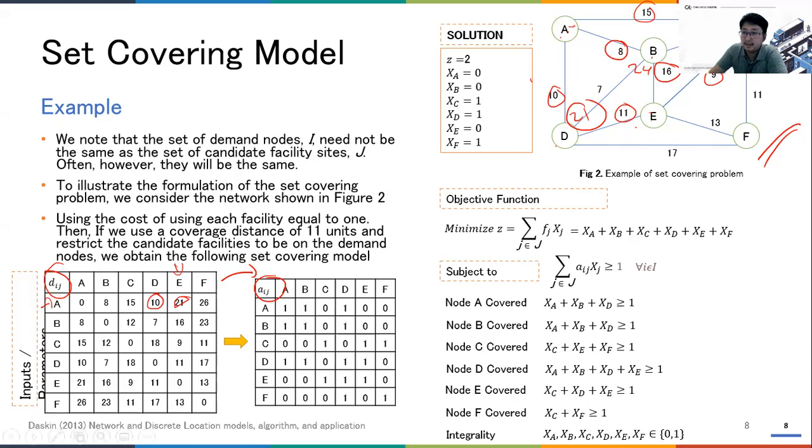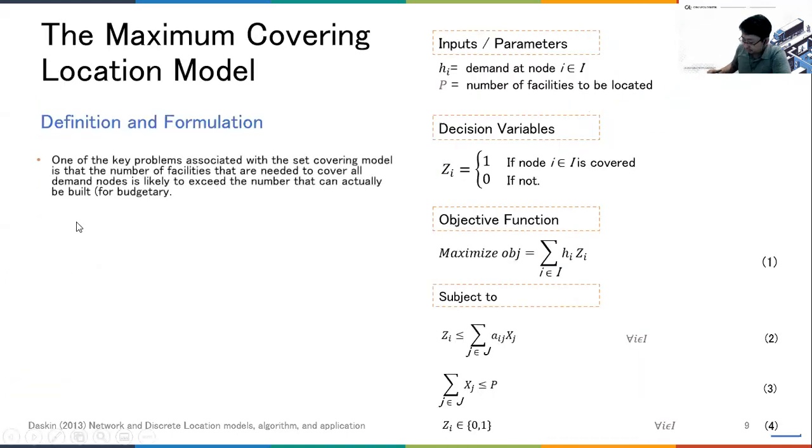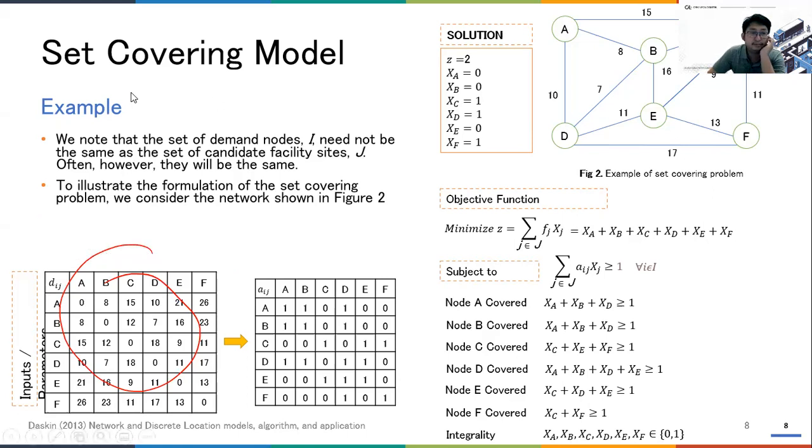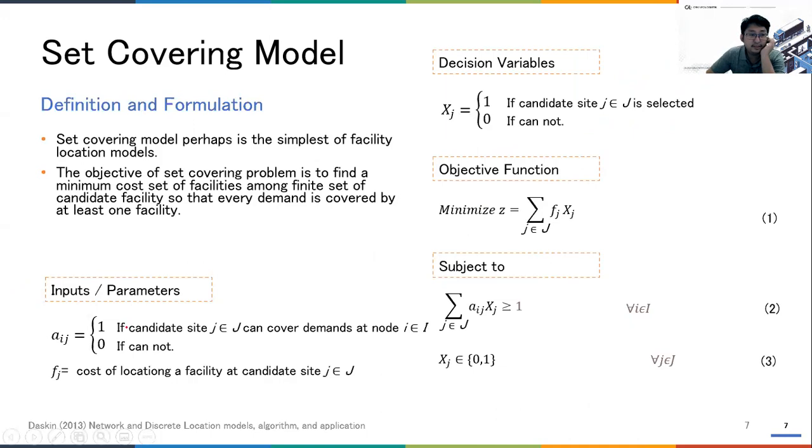Those are the definition of shortest path. And then you need to calculate all of the distances here, the distance matrix Dij. For the set covering problems, what you need is the matrix Aij.